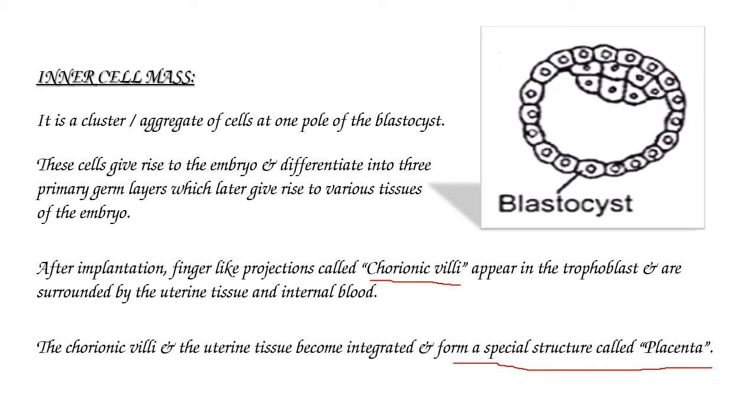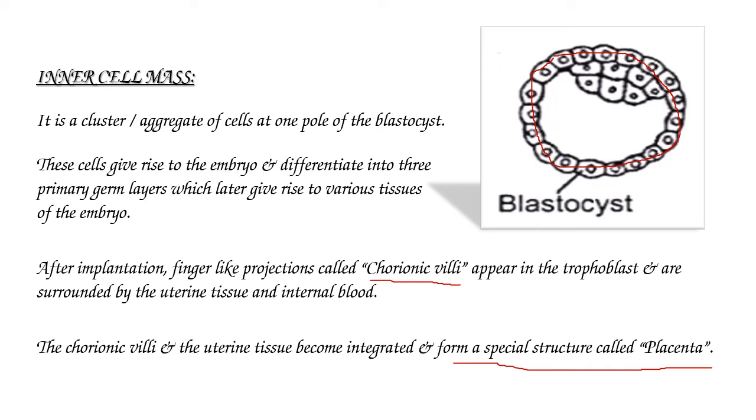So let's see the diagram. Already we discussed the outer layer of cells, called the trophoblast or trophoectoderm, which later in development becomes part of the placenta and helps to draw nutrients from the uterus.